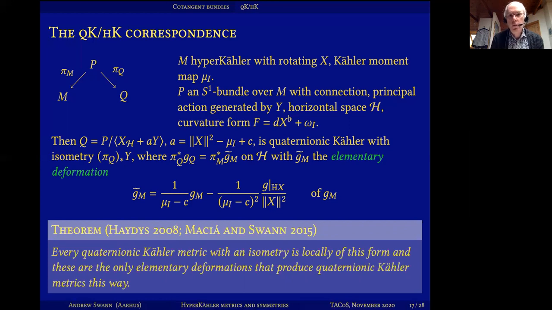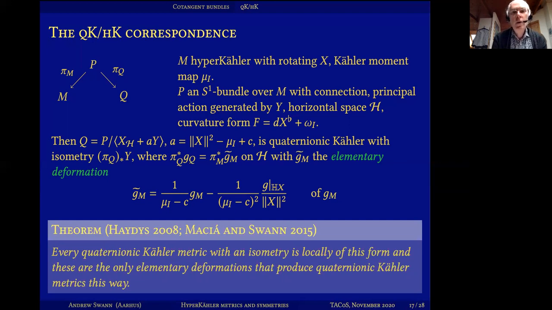And using this twist construction in general, starting with an arbitrary hyperkähler M with rotating X and an arbitrary bundle P, and considering arbitrary elementary deformations, then together with Oscar Macia, we managed to prove that this is the only way to get quaternion-Kähler metrics out of such a construction.